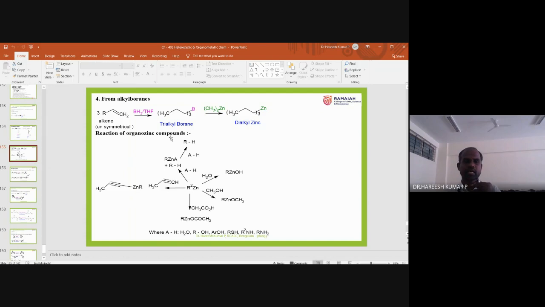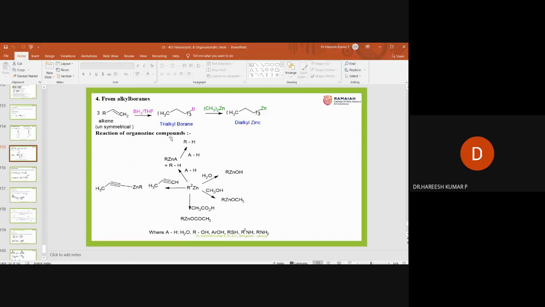So these are the reactions of organozinc compounds. In addition to these, I will also discuss a few applications of organozinc. So with this, I will go to the next slide.